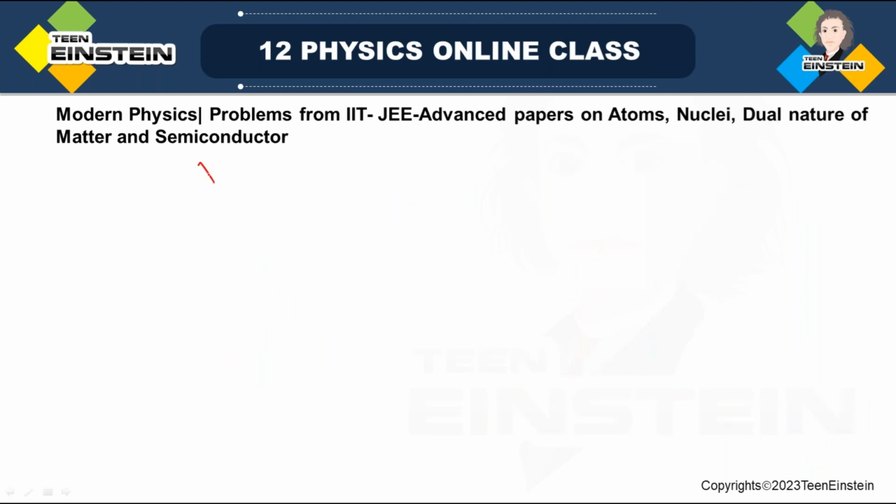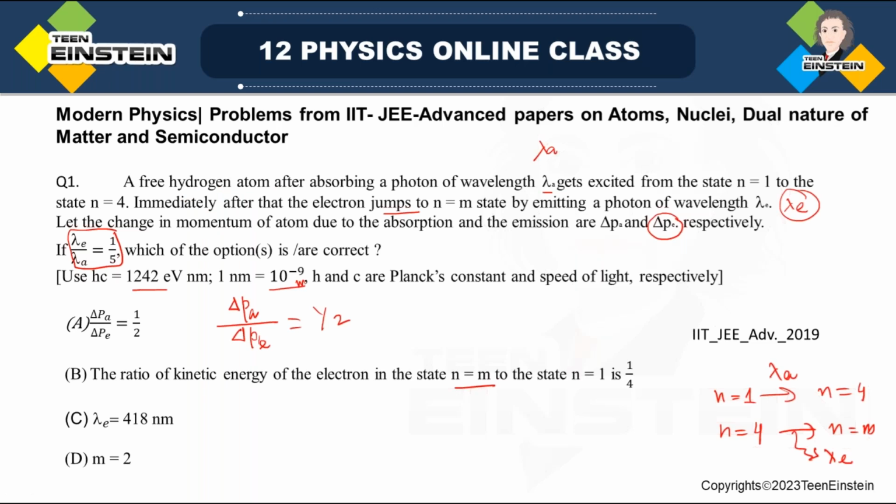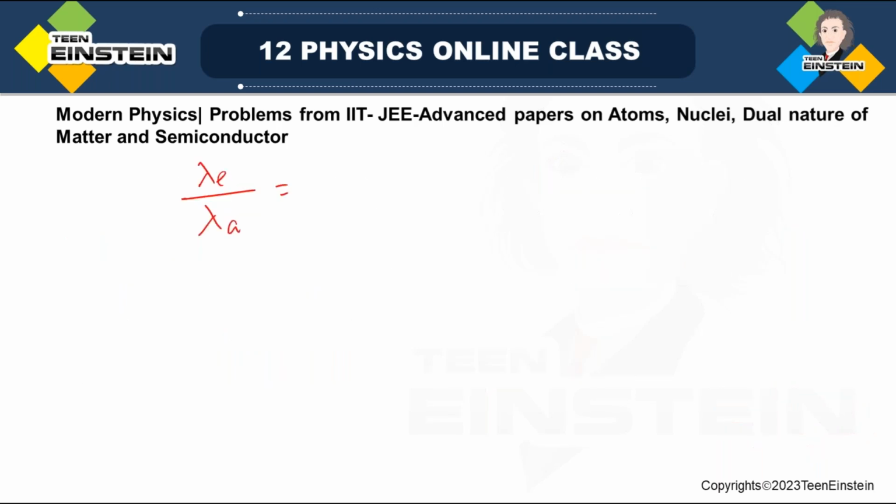So what is the ratio? I'm sorry, I think it is lambda a by lambda e. Lambda a by lambda e is given. So lambda a by lambda e is 1 over 5, that is given.